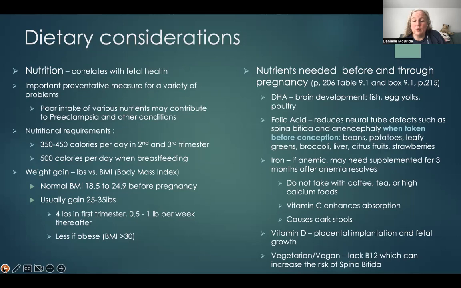And so when we think about how we teach women to take supplemental iron, we don't want them to take it with things that are going to interfere with the absorption. So if we remember what we know about this, then usually students can easily say, don't take it with milk.